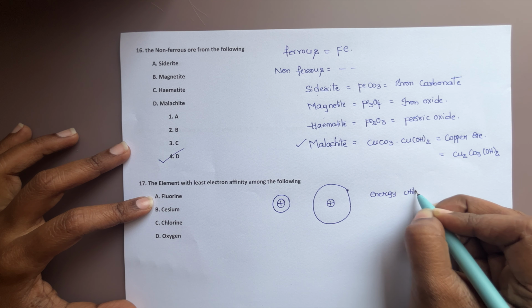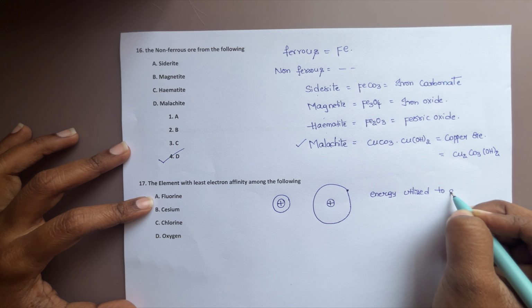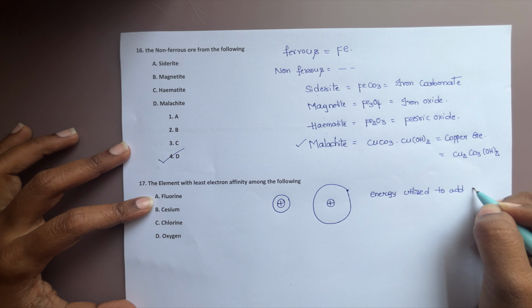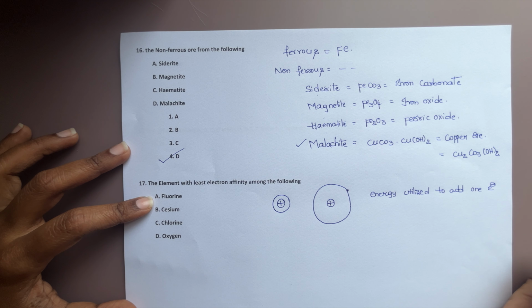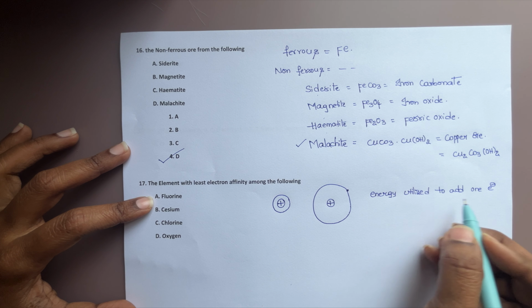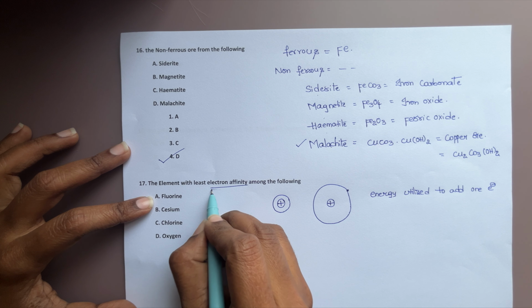The amount of energy utilized to add one electron is called electron affinity.